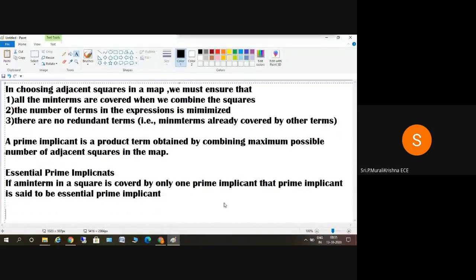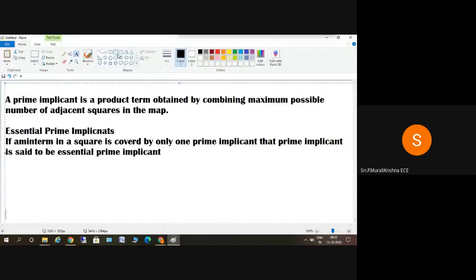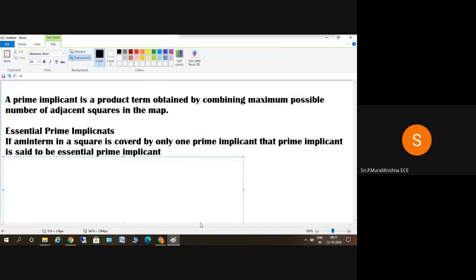Take a grouping of min terms. Minterms 0, 1, 2, 3 form a quad here, and the value is AB.